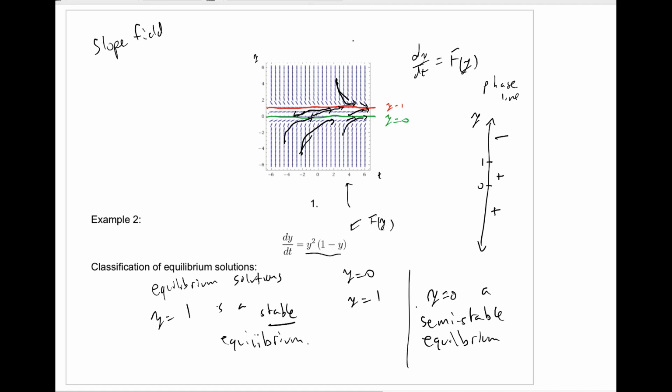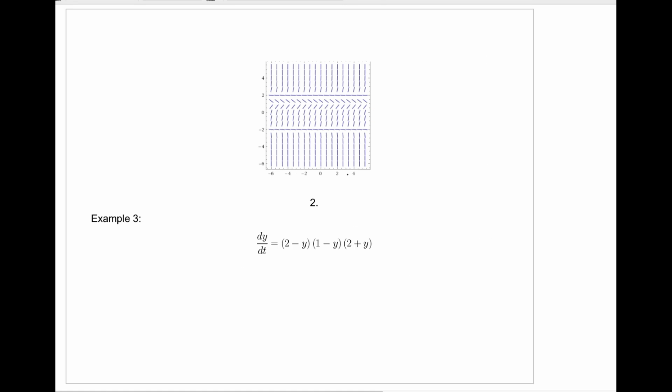Semi-stable because it's stable from below, but unstable above, meaning if there's a small deviation above, it will move away. There's a third type of equilibrium, which we'll see in the next example, and that would be an equilibrium where a deviation in either direction has solutions that move away from that equilibrium solution. So let's look at the next example.